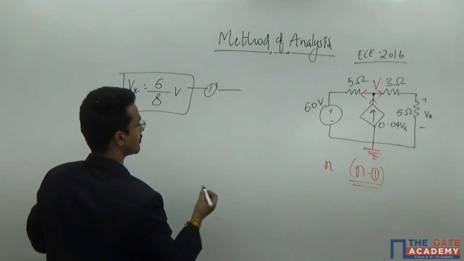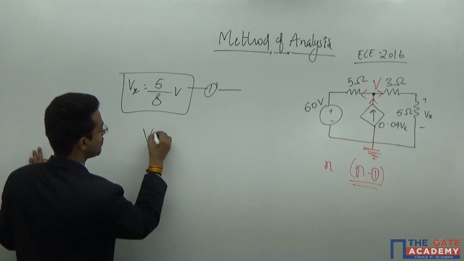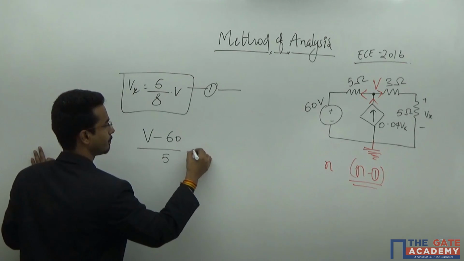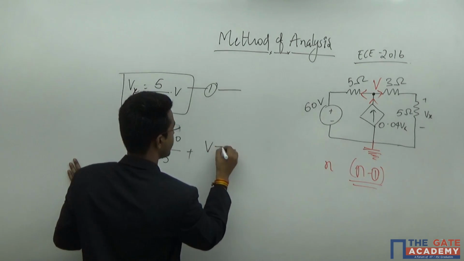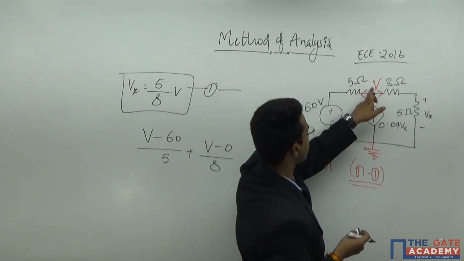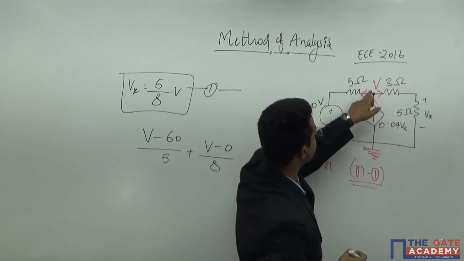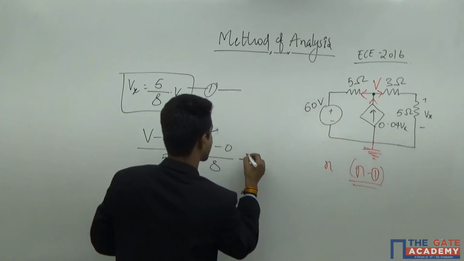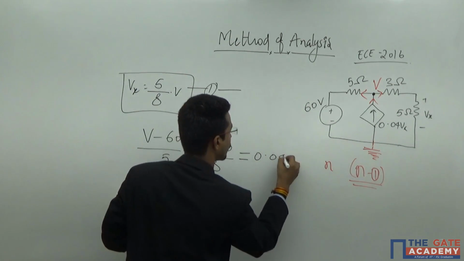Now I will calculate. Write down the equation: V minus 60 divided by 5 plus V minus 0 divided by 8, because I will start from here and go up to the next node. V minus 0 divided by 8 is equal to 0.04 Vx.